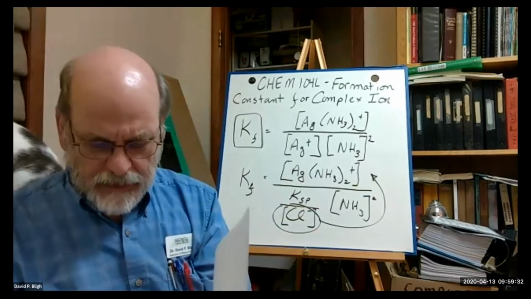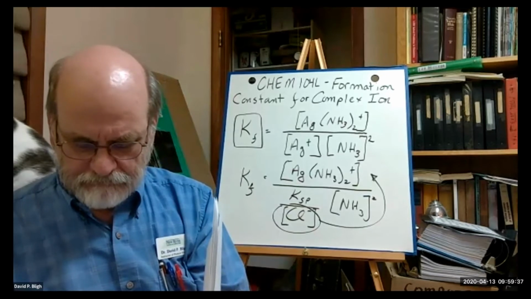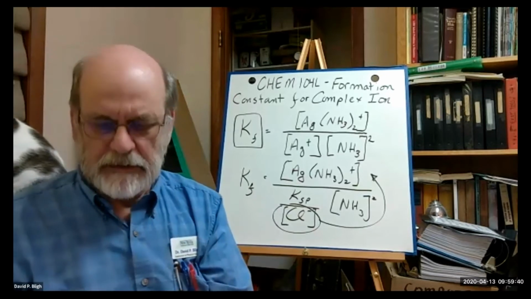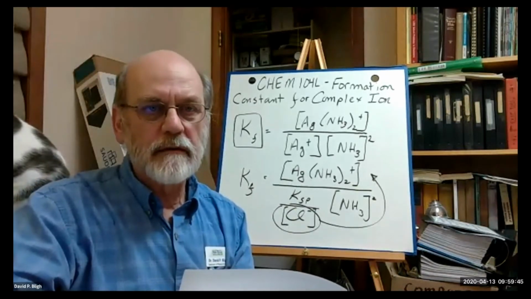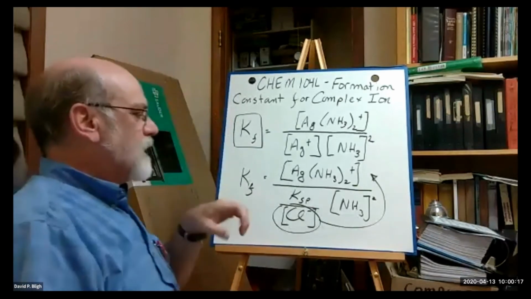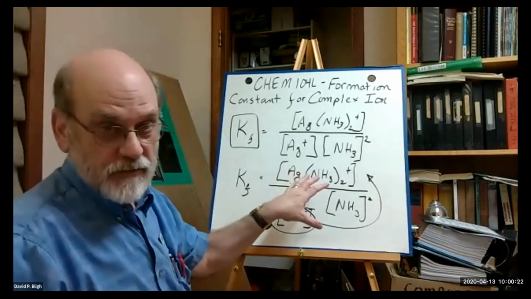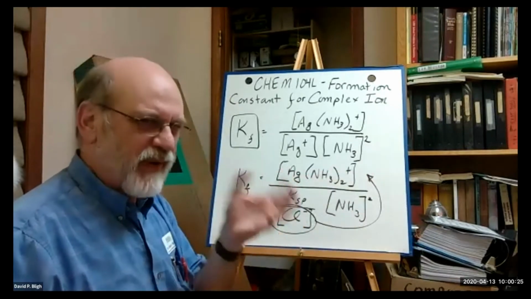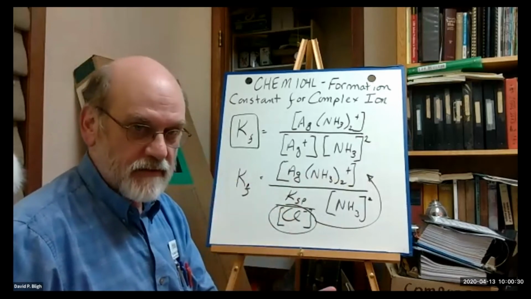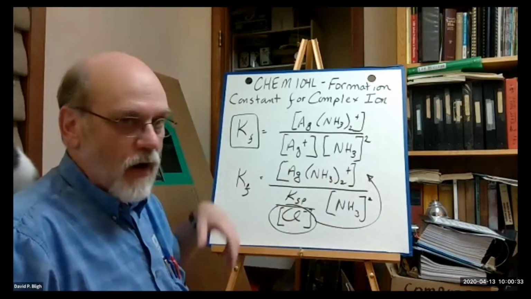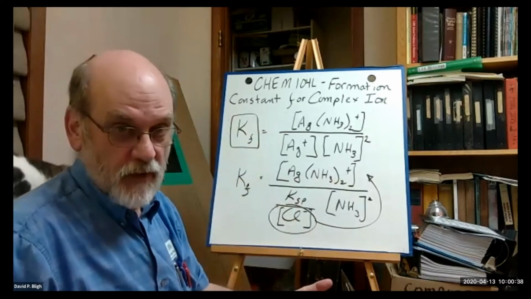So, pause for a moment. So, notice that silver is not part of this expression. So that implies that during the titration process, we have converted all of the free silver into the solid silver chloride.